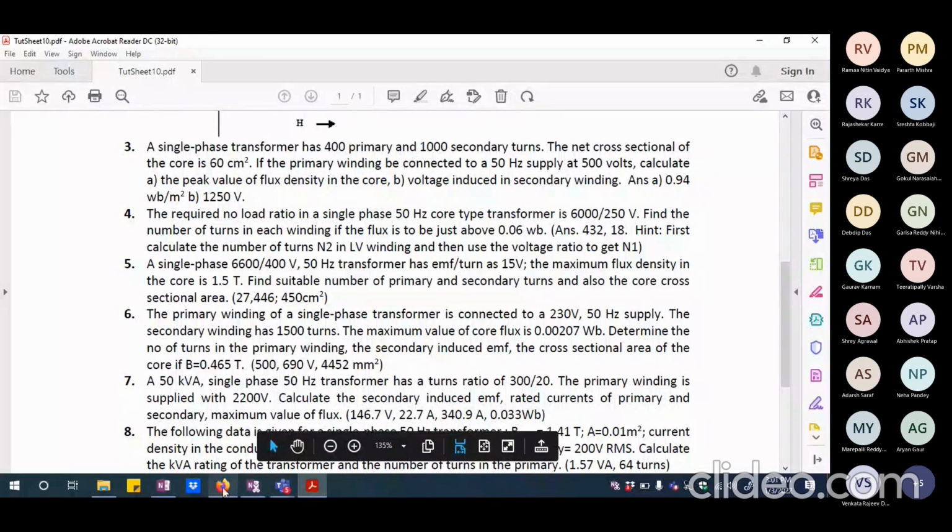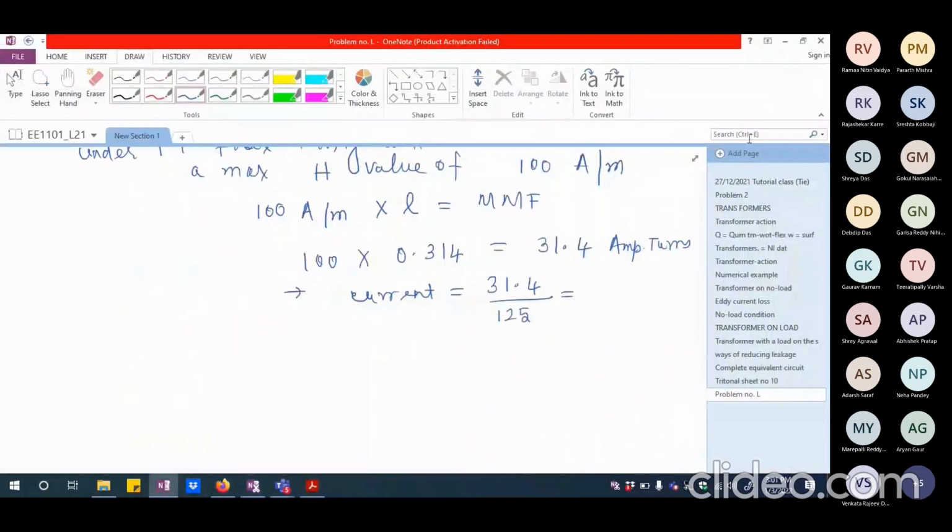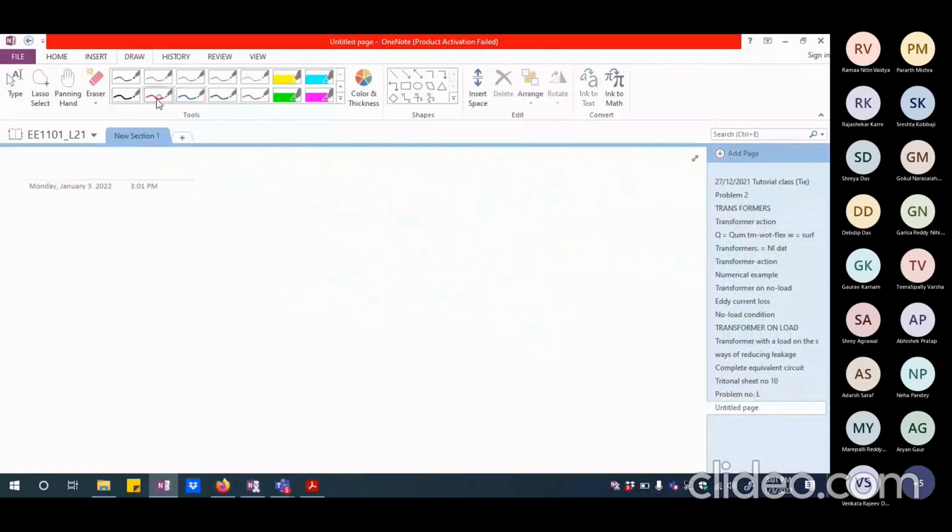So this is 400 by 1000. So let me try to do this problem. So the turns ratio that is given is 400 divided by 1000. That is what is given.